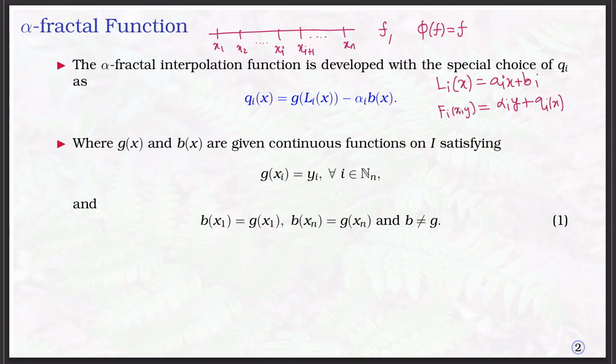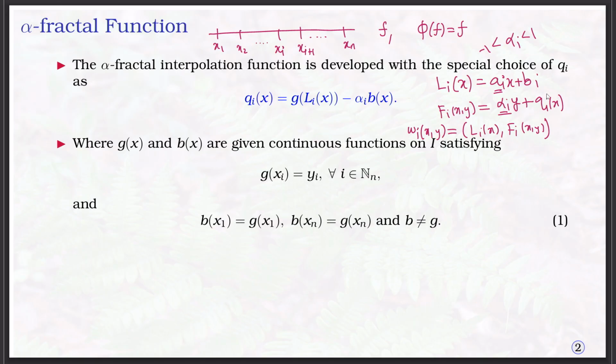Then we take the composition of these, that means we define Wi of x comma y as Li of x and Fi of x comma y. This A is taken as the ratio of the subinterval over the whole interval. This alpha is the free parameter which lies in the range -1 to +1.